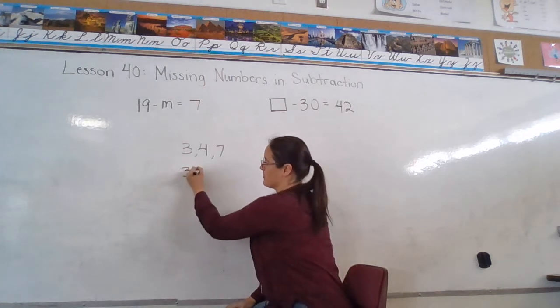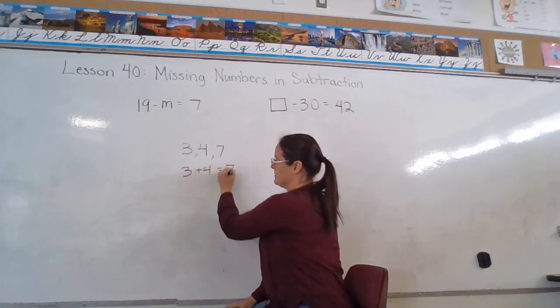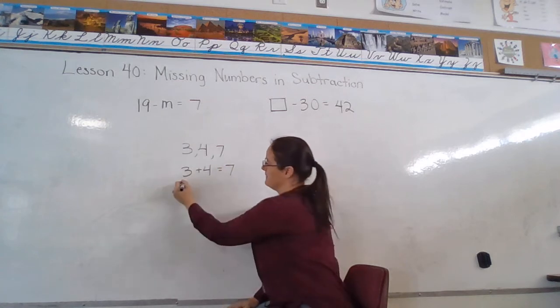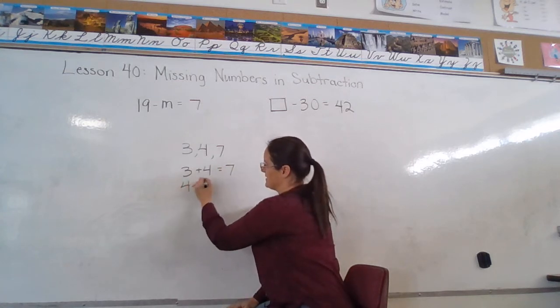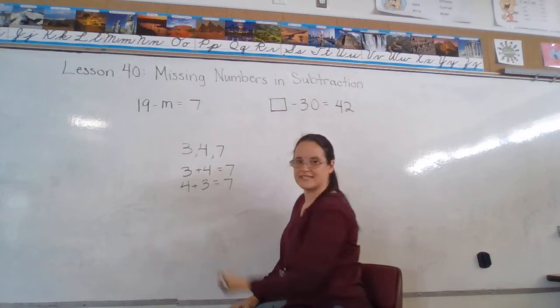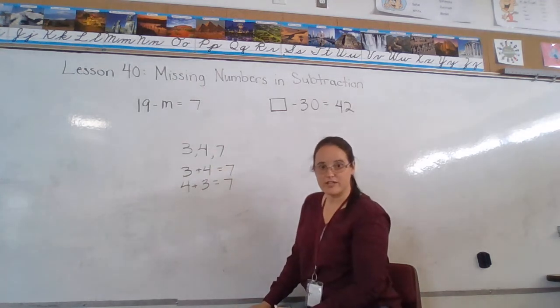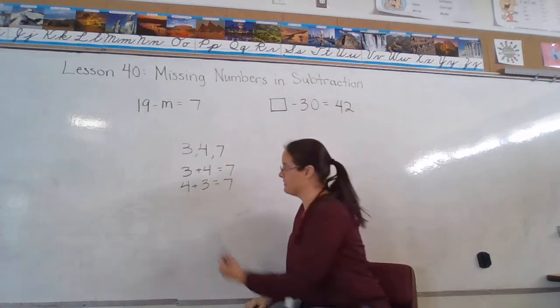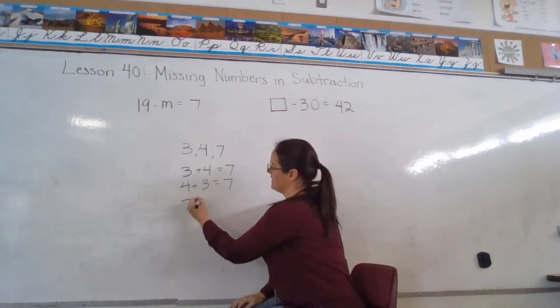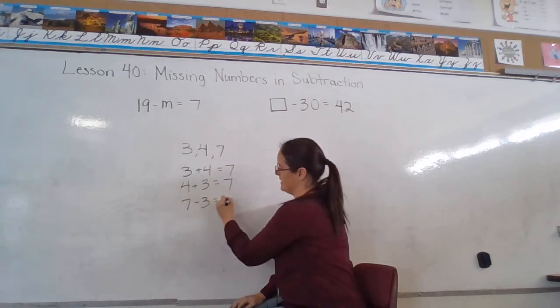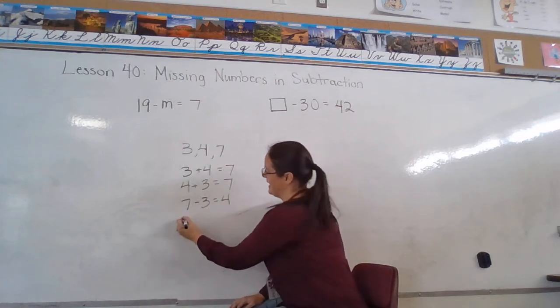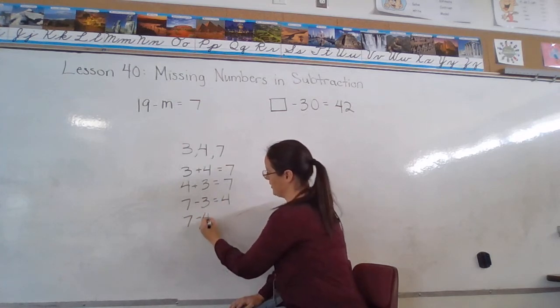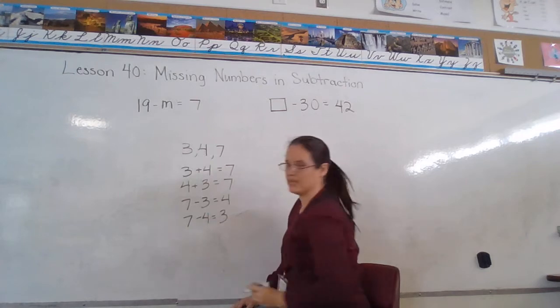So we'll start with 3 plus 4 equals 7. Then we'll flip them and do 4 plus 3 equals 7. Now for our subtraction problems, we know we have to start with the bigger number, 7, and we can do 7 minus 3 equals 4, and 7 minus 4 equals 3.